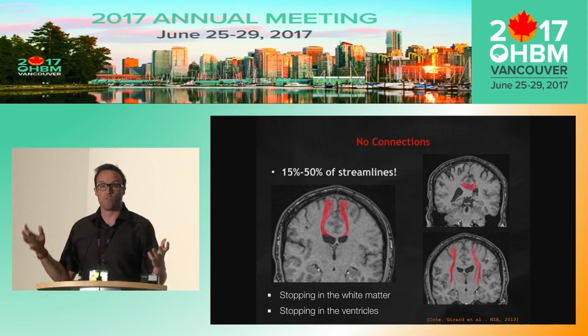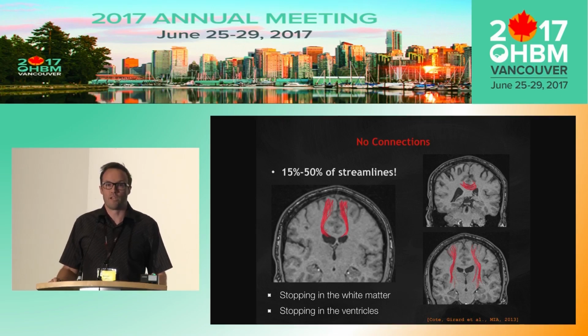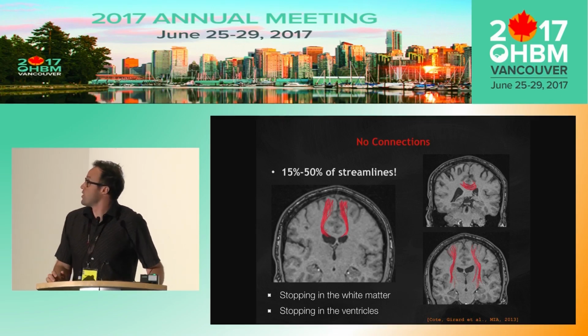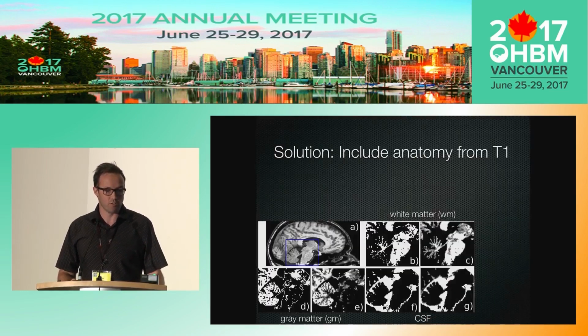They're going to stop in the middle of the white matter. And so these are what we've called in our Tractometer paper the no connections. They're quite easy to post-process. But nowadays, with techniques using the full T1, as I'm going to mention later, we can remove them as we're tracking and thus less contaminating our tractogram.